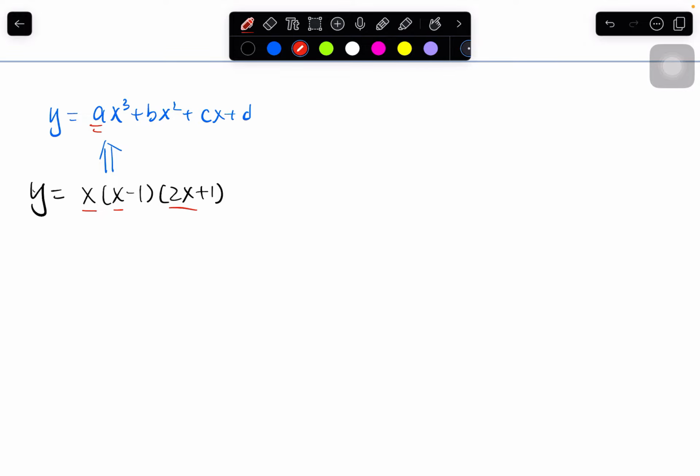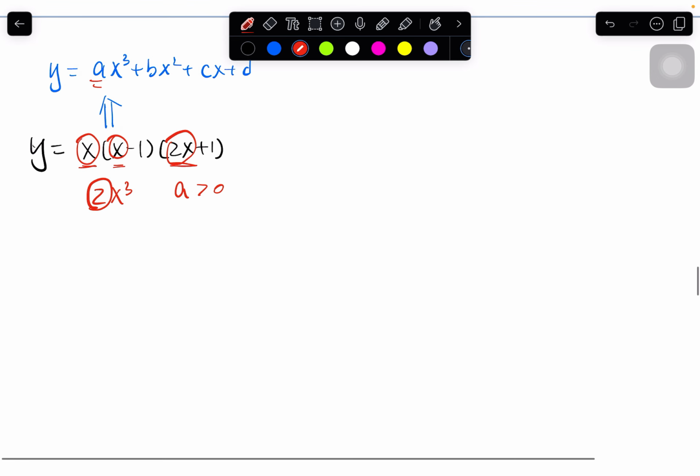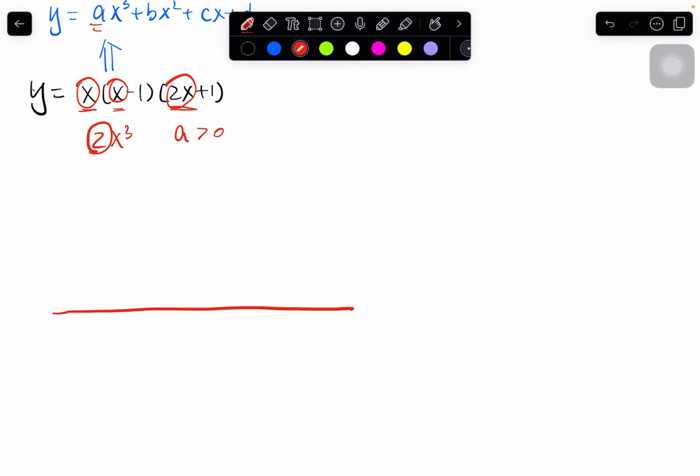So now we know how we can get the x cubed. It's this x times this x times this 2x. So we know that the coefficient of x cubed is 2. So the leading coefficient is 2. And now we know that a is greater than 0. So when a is greater than 0, we get a top right, bottom left shape. Okay, so you just need to know the shape in your heart.